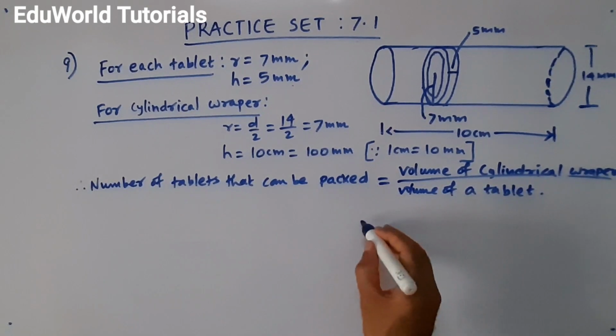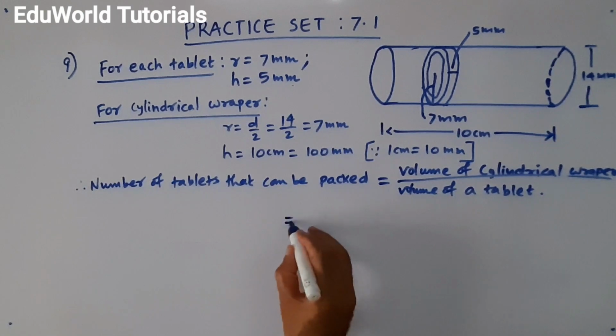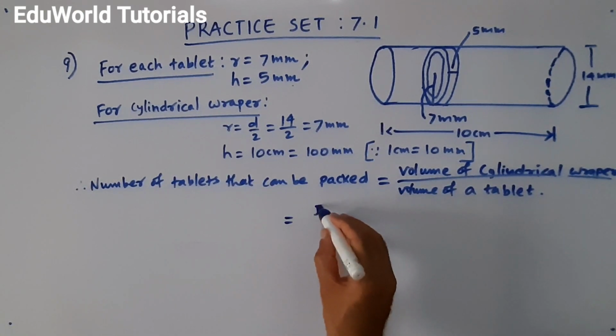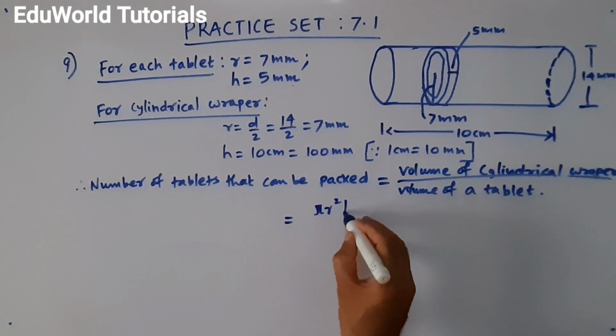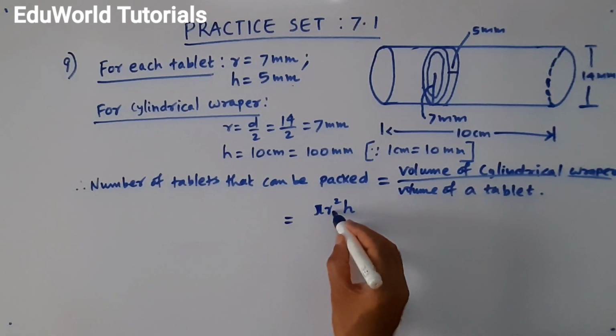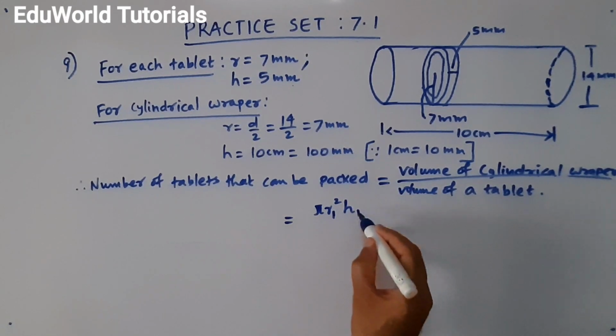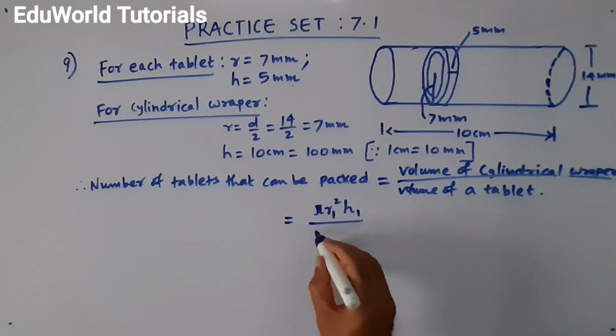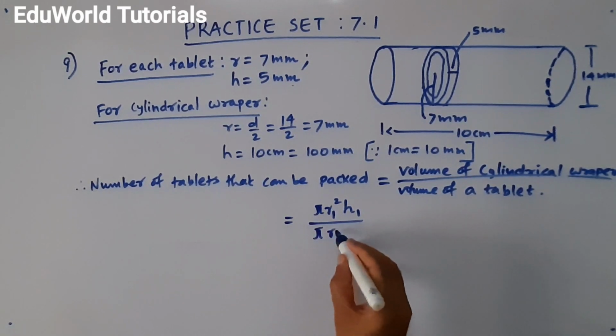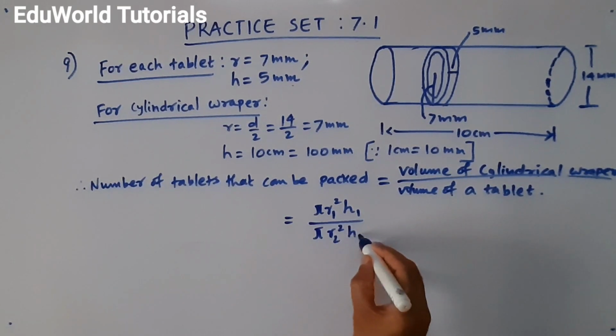Understand? Now volume of cylindrical wrapper, you know the formula, it is pi r square h. So here for the cylinder we will use R1 and height H1, and for the tablet we will use the formula pi R2 square H2.